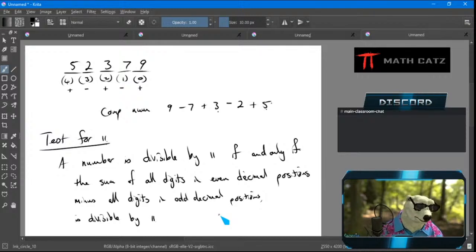It's not the only way, but it's a way that will be effective. You just have to remember. So when I actually do the test, I just remember to start with the ones digit, work my way left, and start with a plus. So I have the ones digit, and then I start minusing, like this.